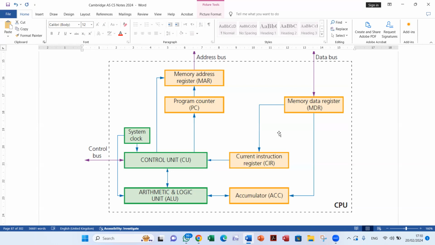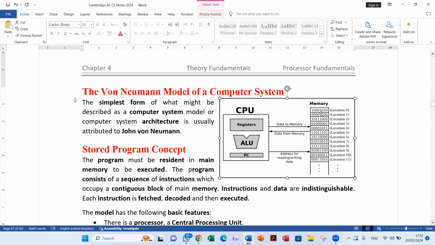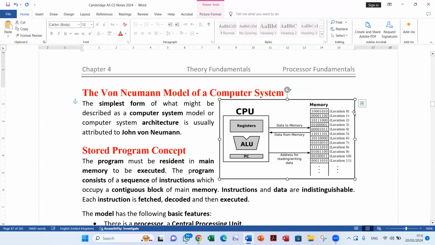Okay? Let us start with the program counter. The program counter contains the address of the next instruction. So it contains an address initially pointing to the first instruction, and then every time it is incremented by 1. That's why we call it the program counter. It counts.